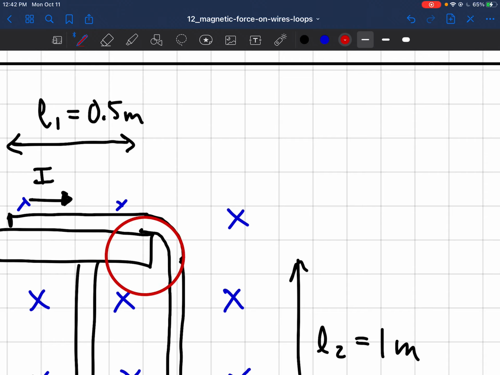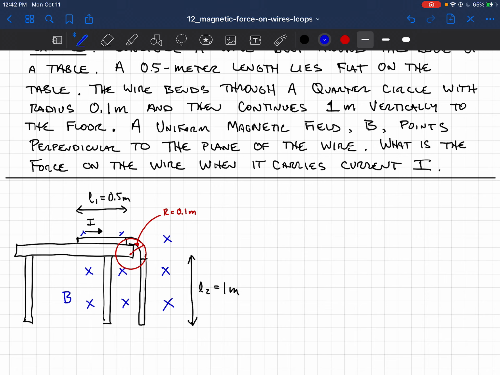And the question is, what is the net force on that thing when you have a current I and a magnetic field of magnitude B? Well, we should do some qualitative analysis first, and that's just to say that the net force can be thought of as three pieces.